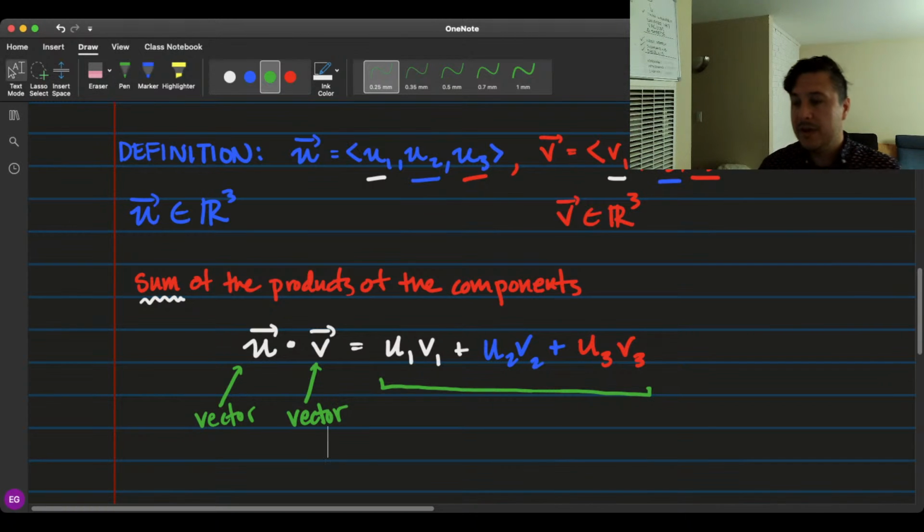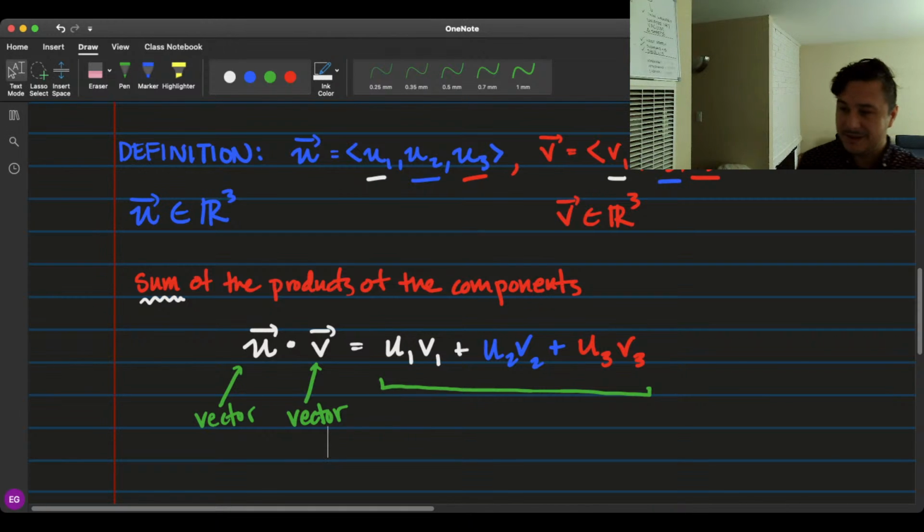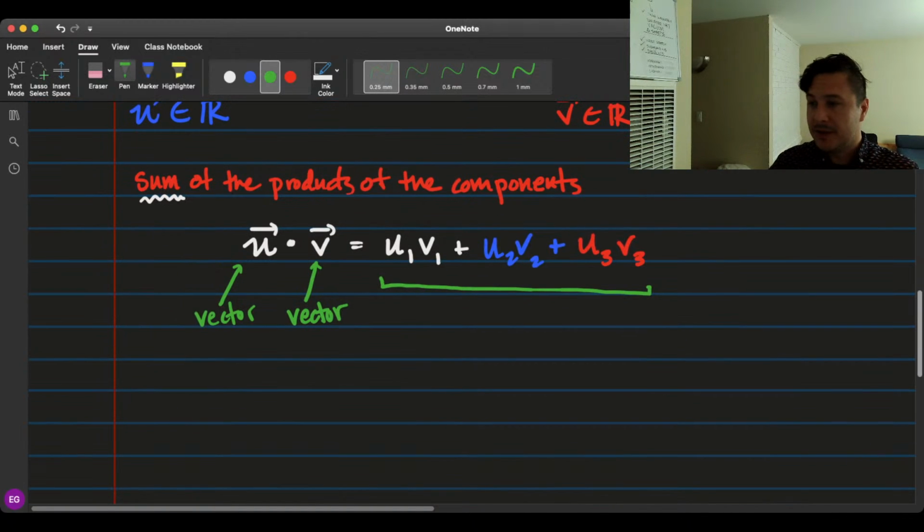What is u1, v1 plus u2, v2 plus u3, v3? Right, but what do you have in components? They are the components multiplied and added together. I guess let's do an example with actual numbers. A scalar? Yeah, this is a scalar.